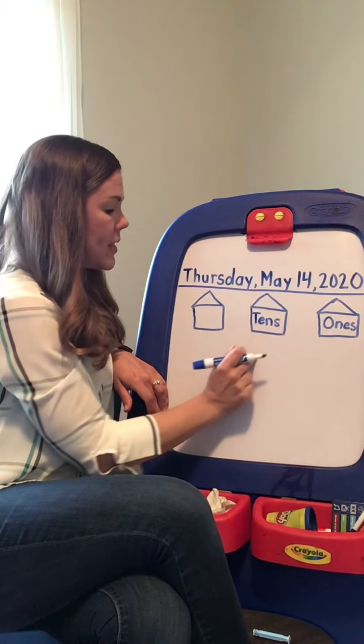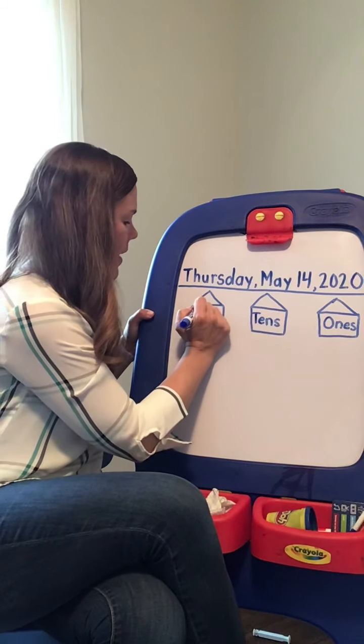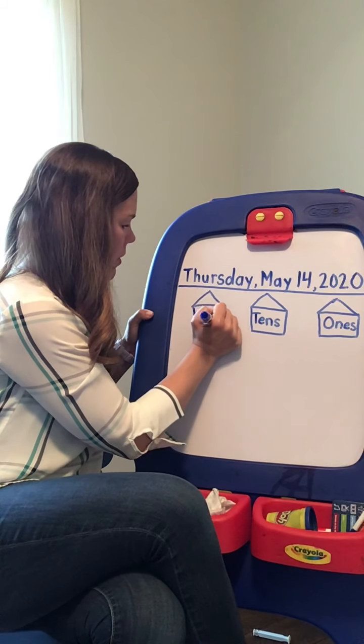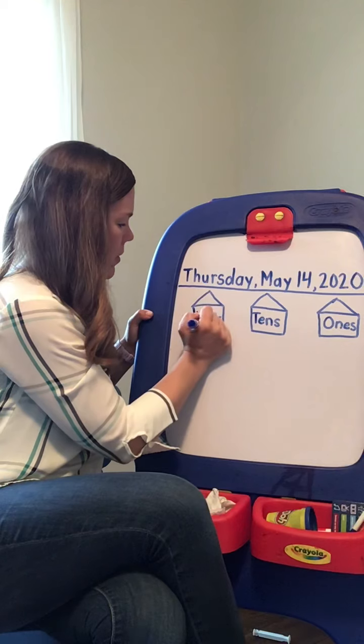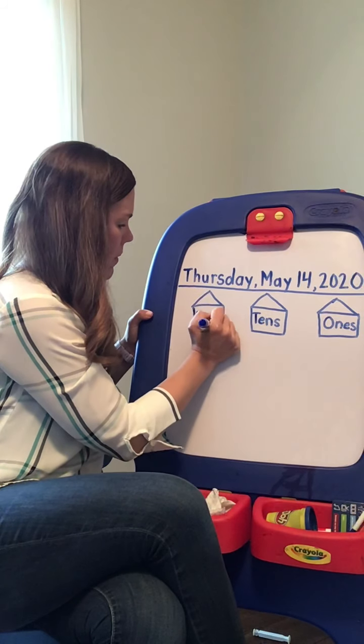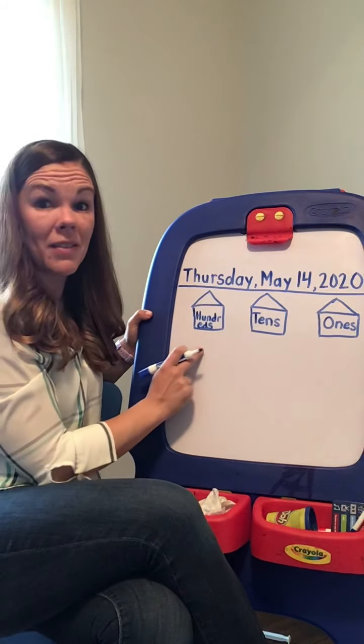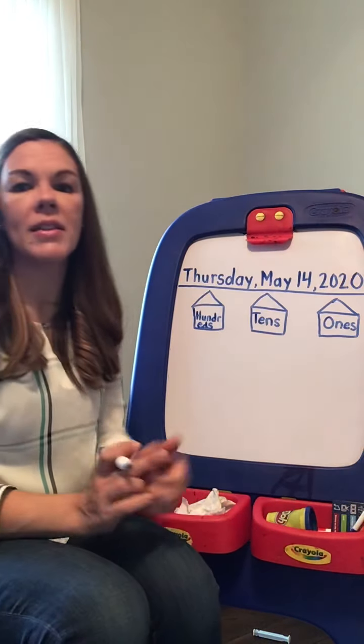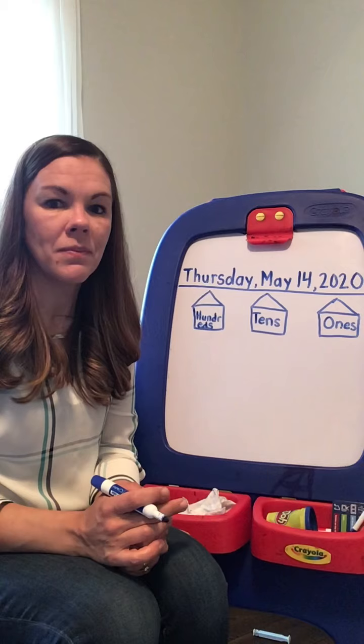And then next door to the tens family lives the hundreds family. The hundreds family, they have a lot, they're a lot. So the hundreds, the tens, and the ones all live on the same street.